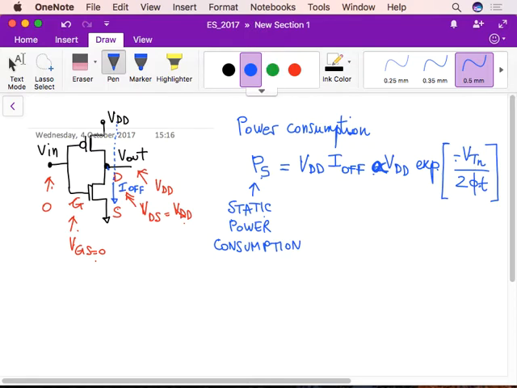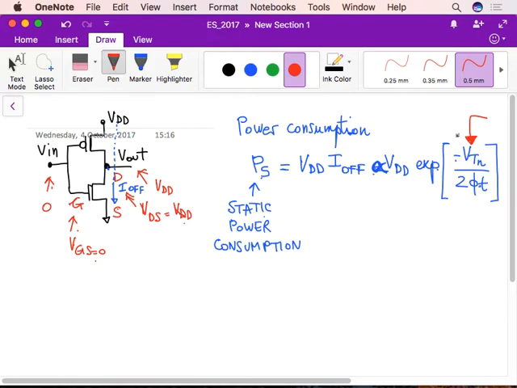So this is a critical issue, and the important factors are these two. The most important one is this one. The power consumption depends a lot on the threshold voltage. It depends exponentially on the threshold voltage.